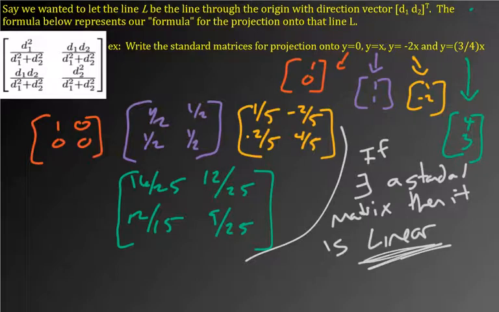A lot of what we do at a higher level of math is try to construct some sort of matrix. Sometimes things don't work that way, and they are just nonlinear transformations. But if we can construct this matrix, then we've inherently also proven that the transformation is linear.